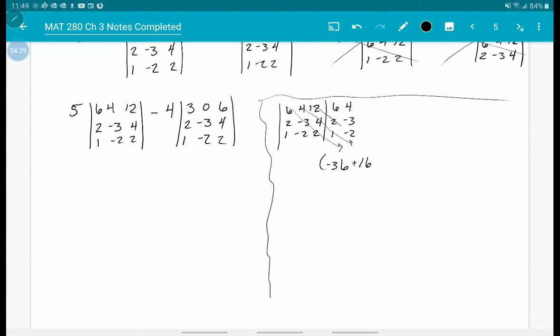And then 12 times 2 times negative 2 is negative 48. Minus. Go back down this way. 16. Negative 48. 12 times negative 3 times 1 is negative 36.